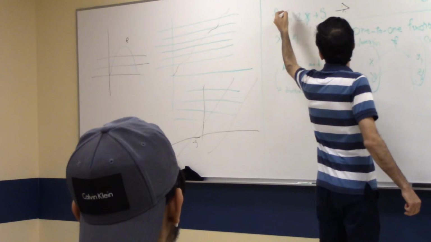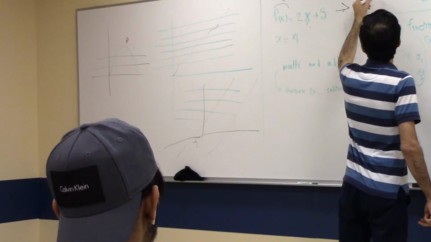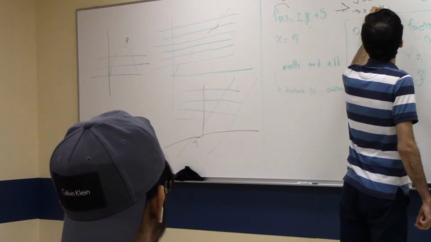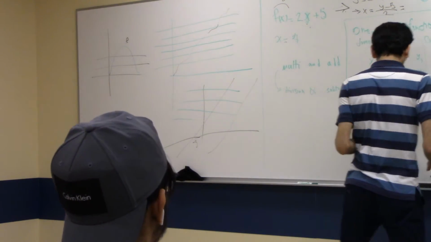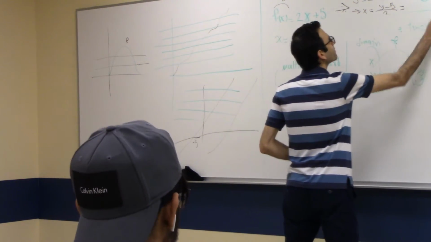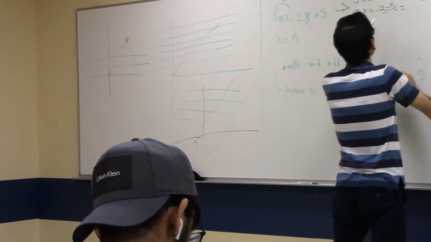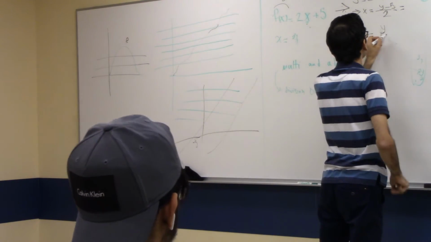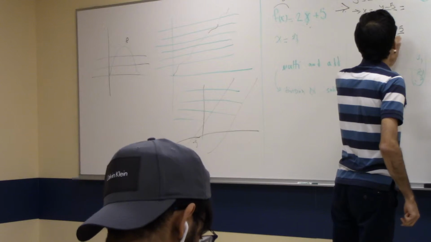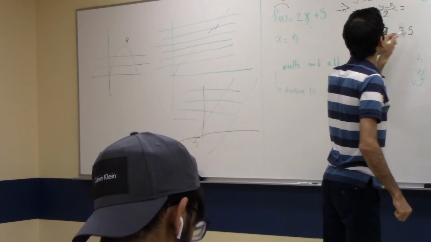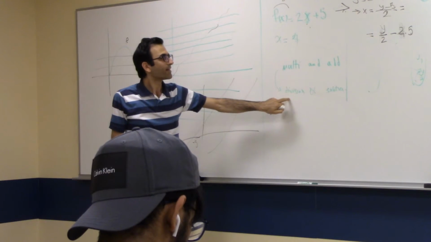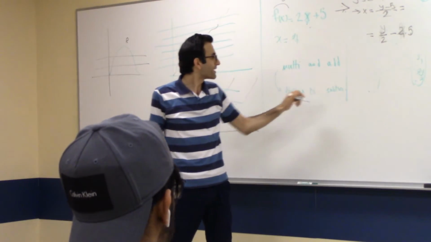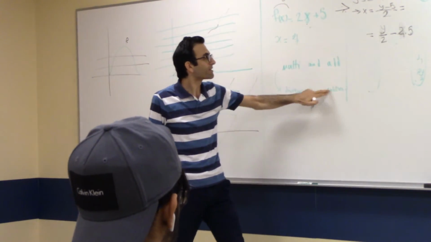So let's call f(x) as y equals 2x plus 5, and then find x from here. So x is equal to y over 2 minus 5 over 2, which is 2.5. So as I said before, the operations playing a role in an inverse function are division and subtraction.